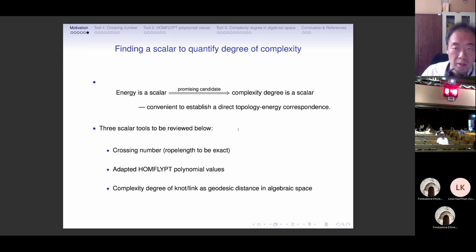So in the following 3 parts, I will review 3 scalar tools. The first one is crossing numbers. The second one is HOMFLYPT polynomial values. The third one is geodesic distance in algebraic space, spanned by some Legendre polynomial basis.